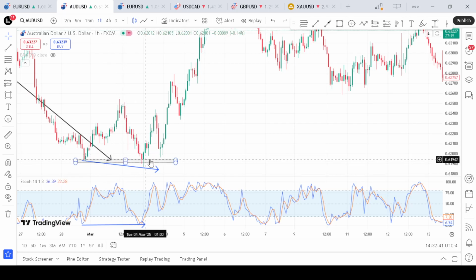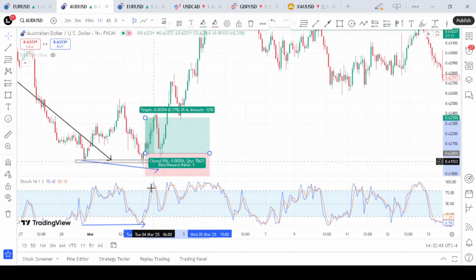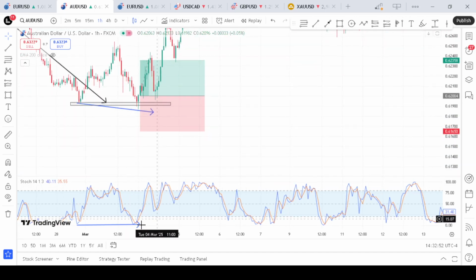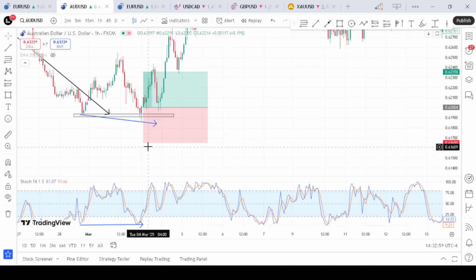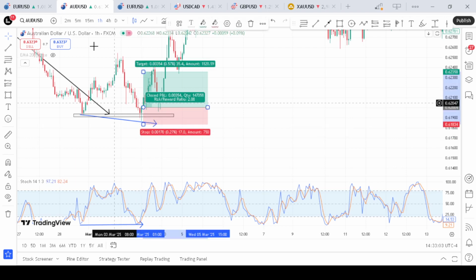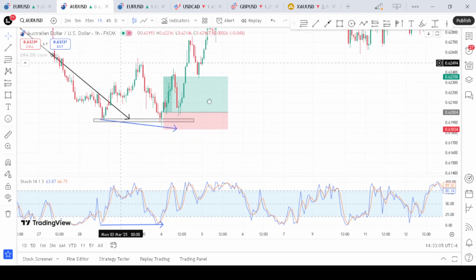At this area in the market, this is where we would want to enter our long position, after confirming our trend and our confluences: trading in the 20 area and price creating a divergence with the stochastic indicator. This is an example of a long position.